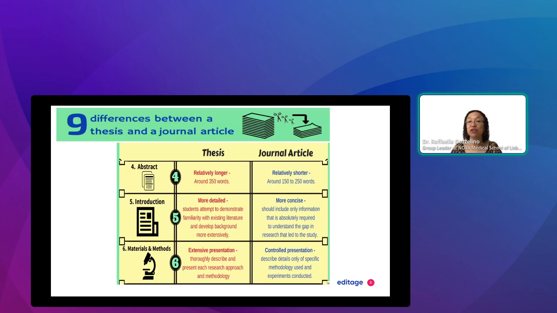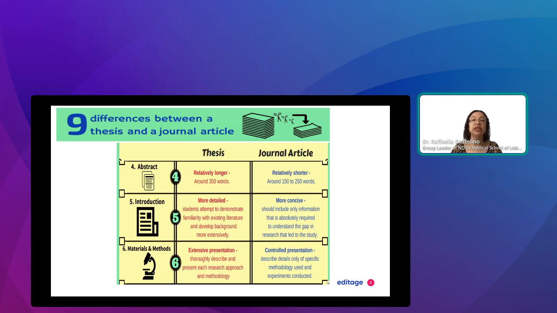So the abstract of the thesis is as well very different because it's much longer than what is found in a journal article. First of all, it's much longer. Sometimes it also includes an abstract in different languages, right? According to the recommendation of your university and the state where you live. So you need to count about 350 words, but in journal articles this ranges between 150 and 250 words maximum.